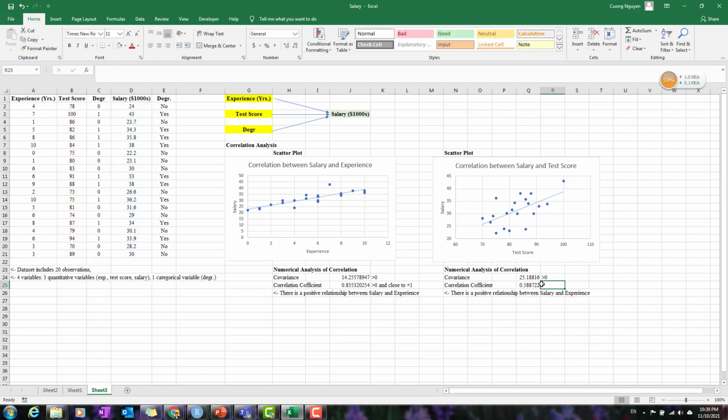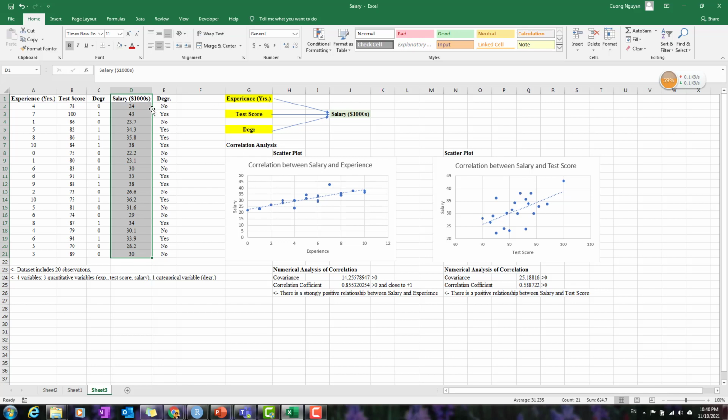That is larger than 0, but it's not larger than 0.7 or 0.8, so it's not so close to positive 1. So I can just say there is a positive relationship between salary and the test score.